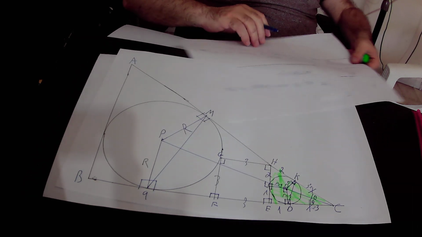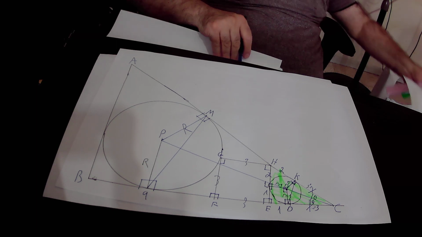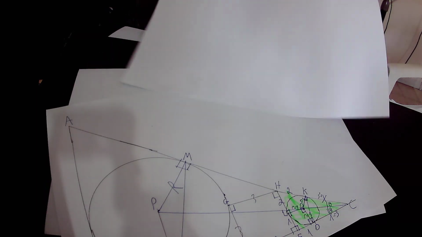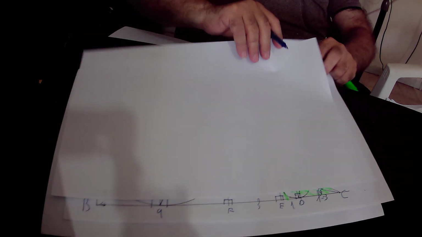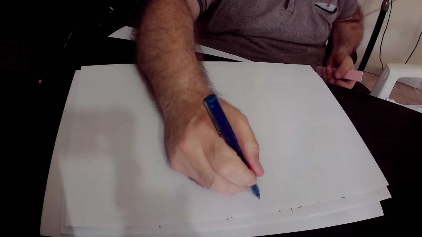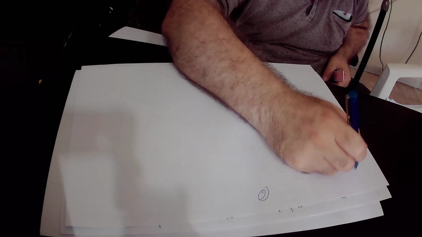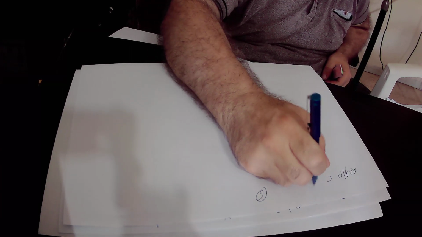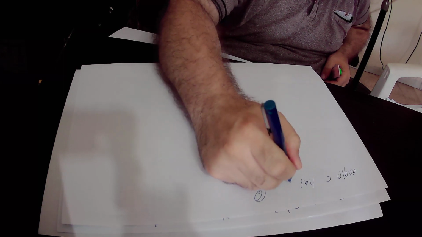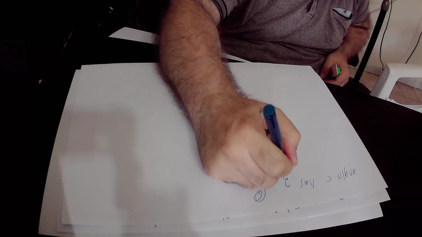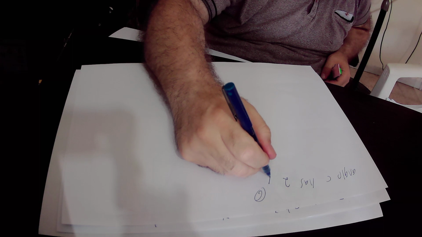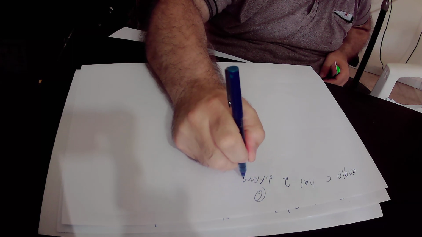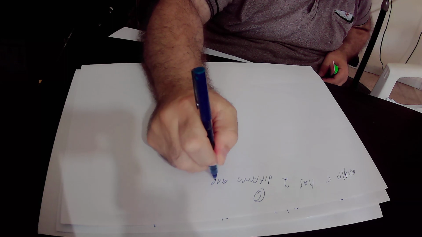So in conclusion, we actually found out that angle C has two different angle bisectors.